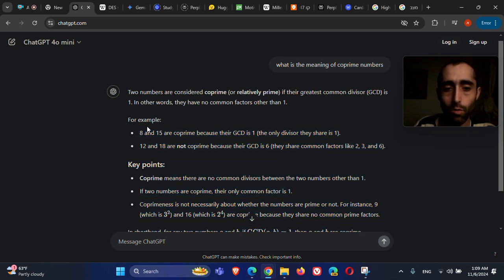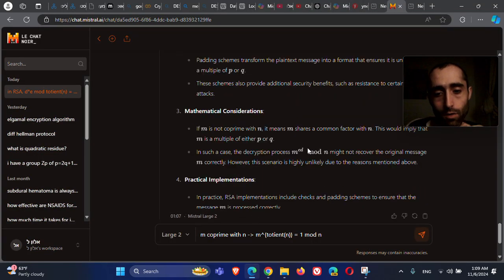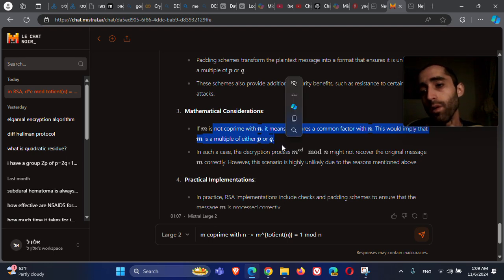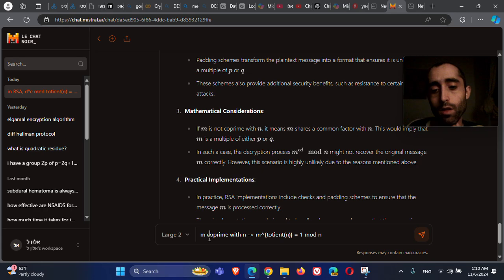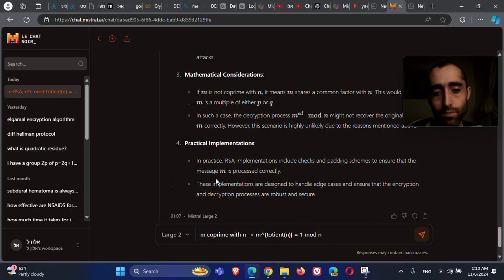So GCD equals 1 is what we need in order to say that two numbers are co-prime. So let's go back. We probably say that m is co-prime with n, so this will hold.